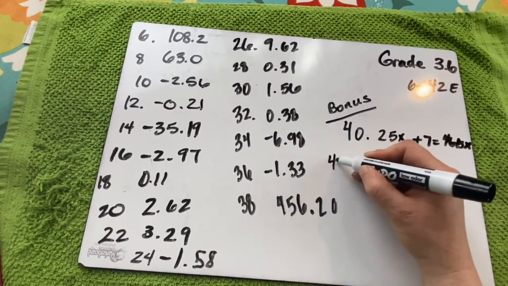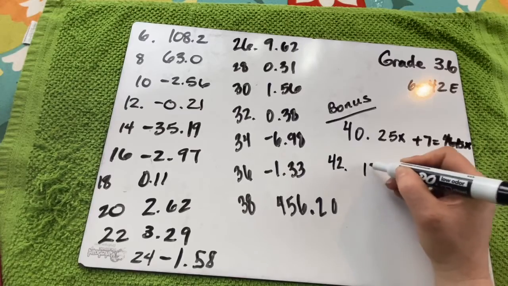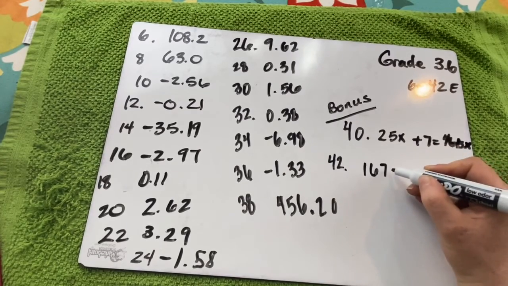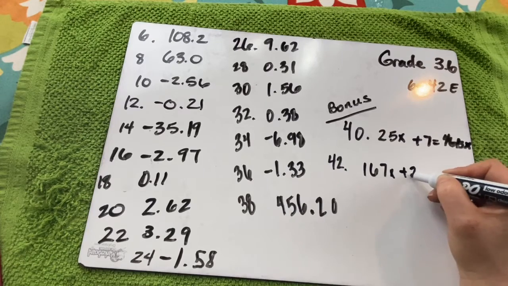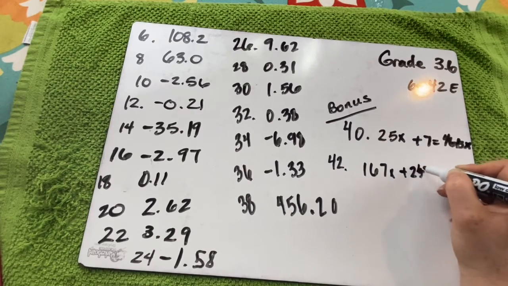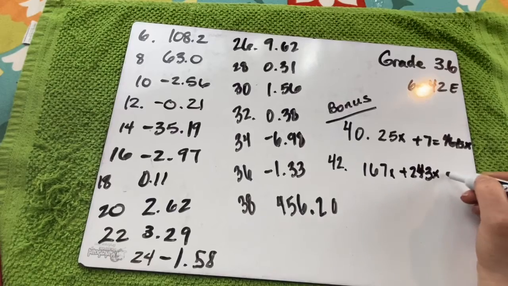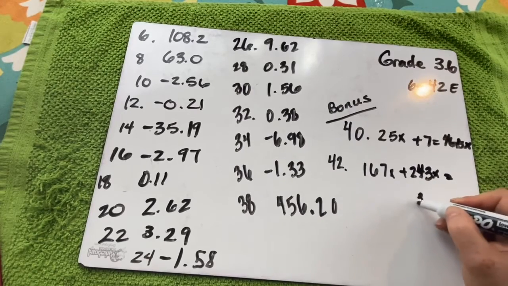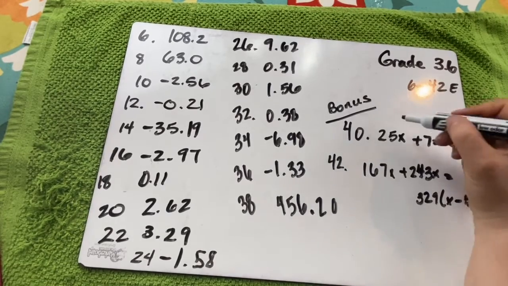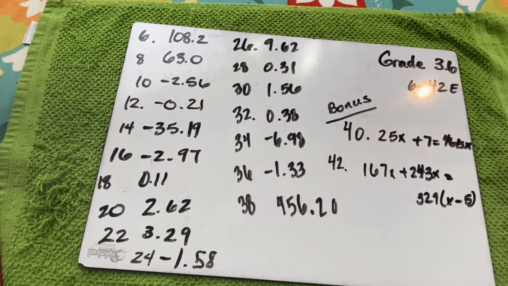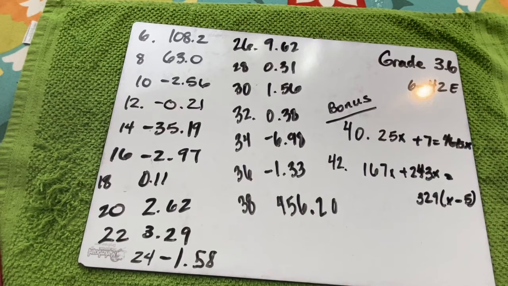Okay, 42, 167x plus 243x equals 329 times x minus 5. So they basically wanted you to times any decimal point by 10.